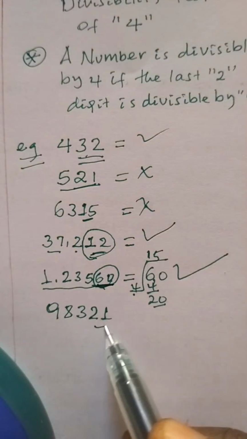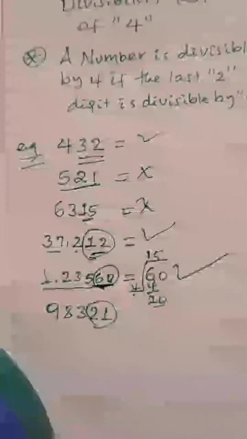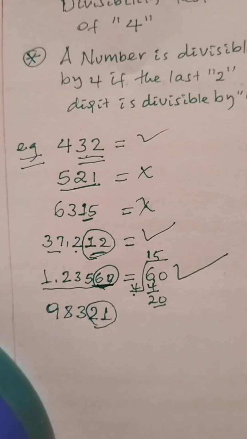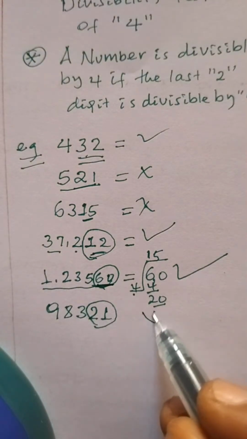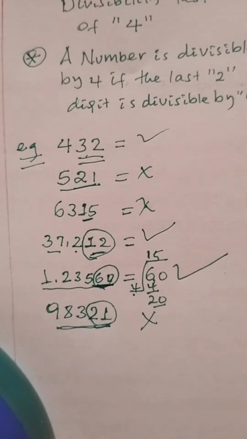You have to look at the last two digits. Here, 21. Is 21 divisible by 4? No, it is not divisible by 4. So the whole number is not divisible by 4.